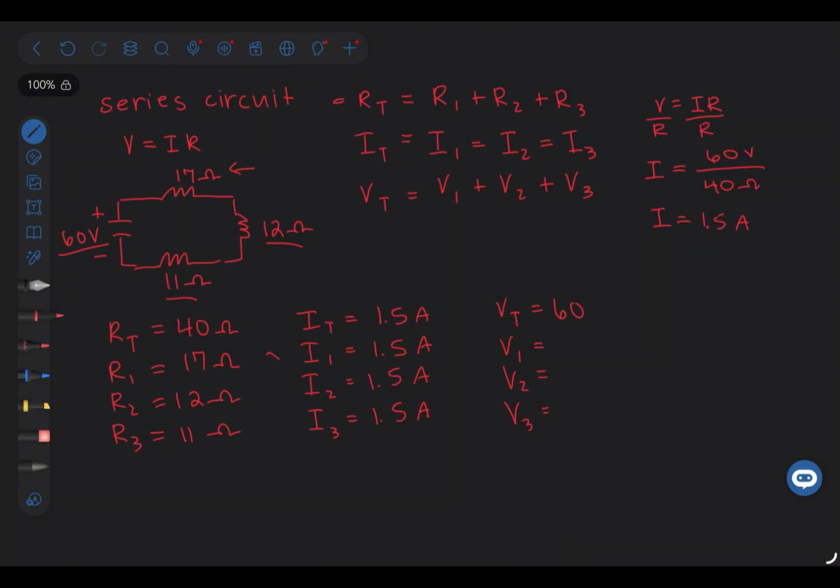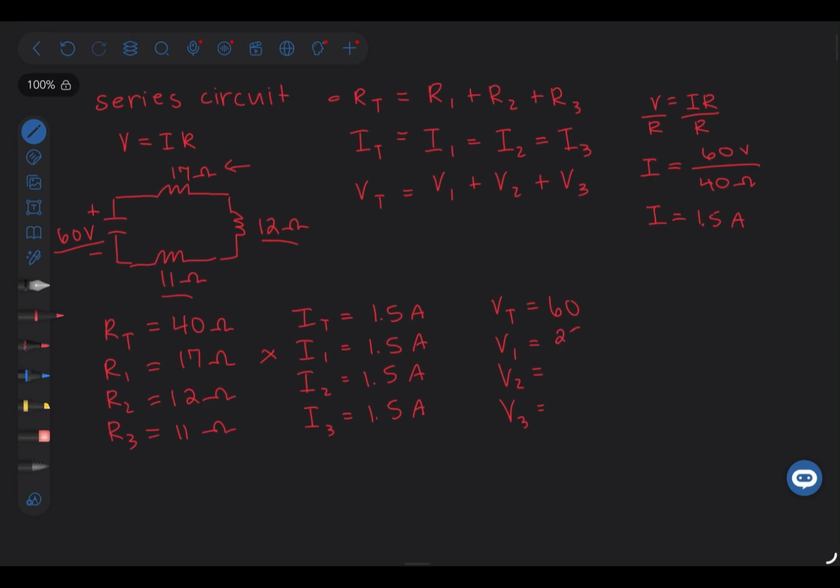So first we're going to do 17 times 1.5, and we'll get 25.5. Then 12 times 1.5, we should get 18. And 11 times 1.5, and you should get 16.5. And that's how you do a series circuit.